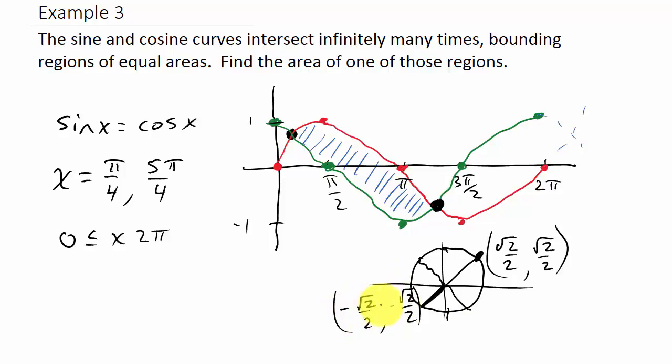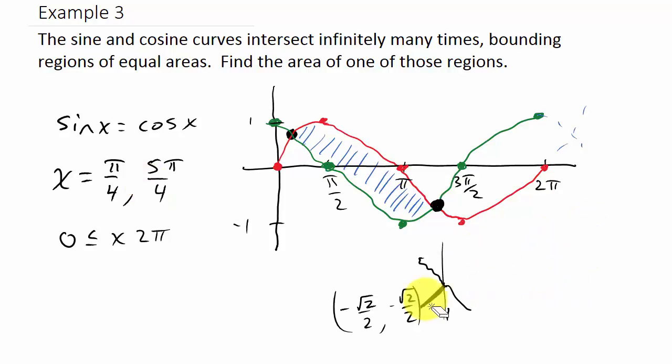They're only equal here in the third quadrant and here in the first quadrant, and so that's where the pi over 4 and the 5 pi over 4 come from. And keep in mind, when you're integrating, you want your angle measures in radians also.